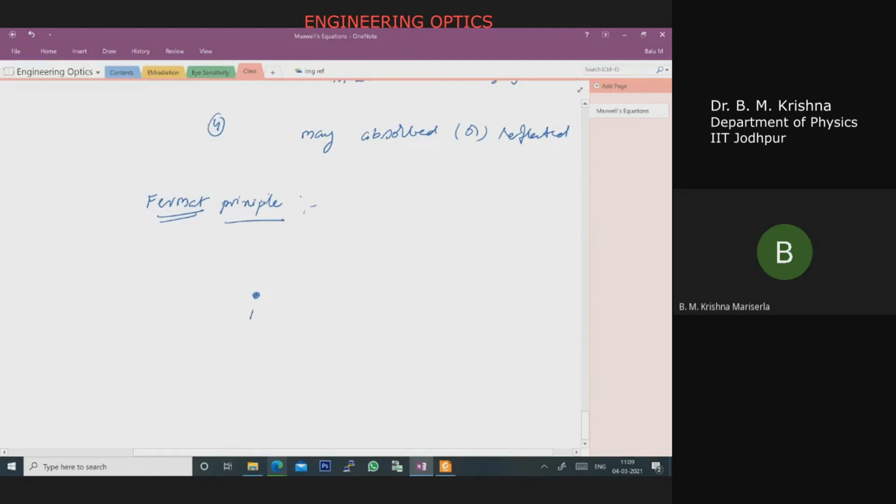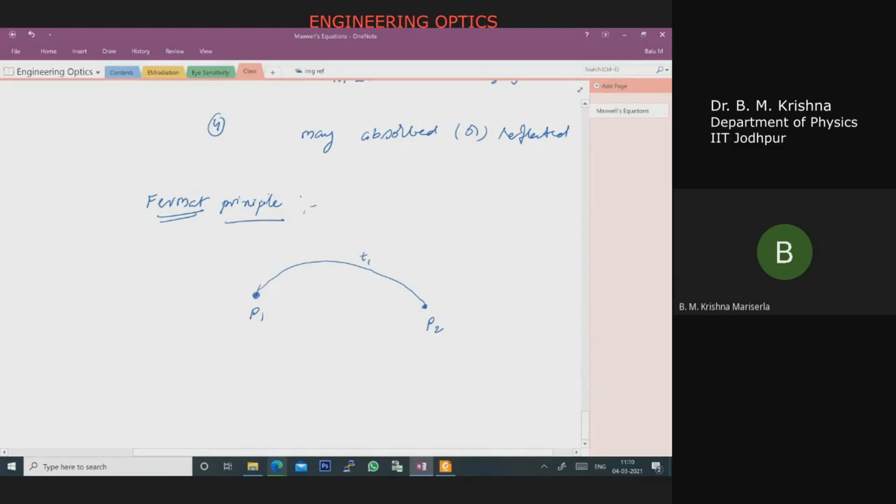For example, this is point 1 and this is point 2. The ray of light takes the minimal time to reach point P2. For example, this is the path it is taking, and the time it takes is T1.